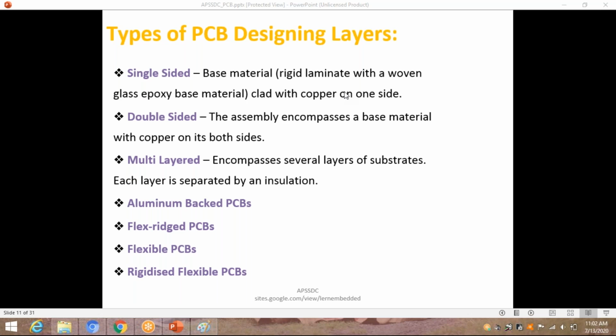You will have the copper only on the top of the board. Is it clear, guys? Okay, here you can see base material clad with copper on one side. You will see copper only on the top side of the board.